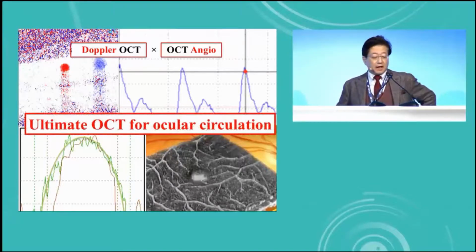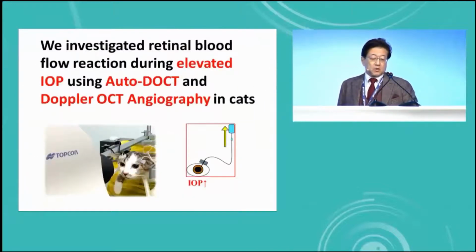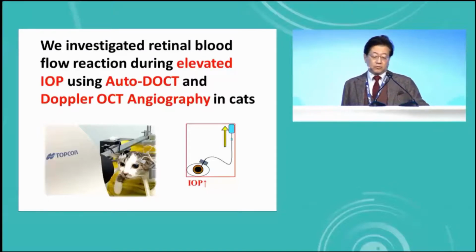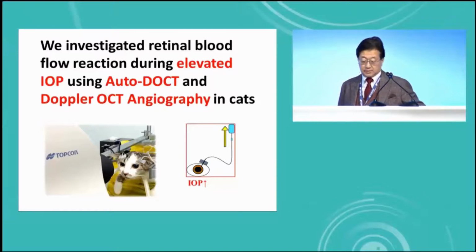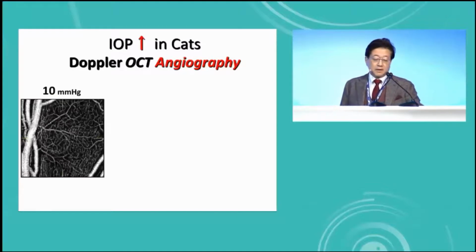So this is the ultimate OCT for ocular circulation. We investigated retinal blood flow reaction during elevated IOP using auto DOCT and Doppler OCT angiography in cats. Okay, increased IOP.